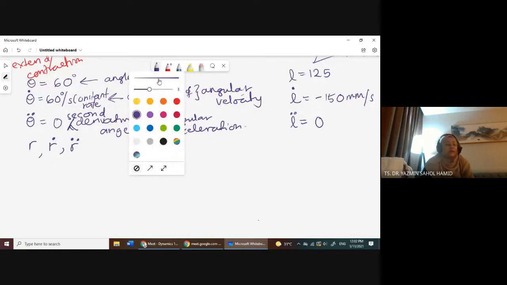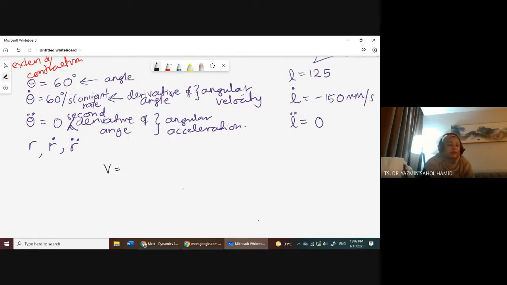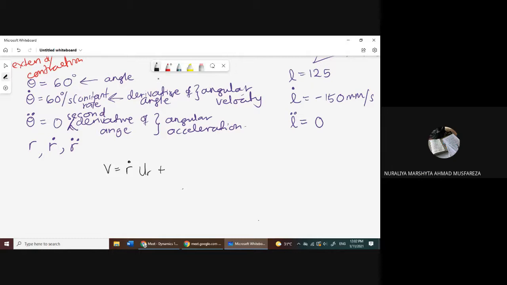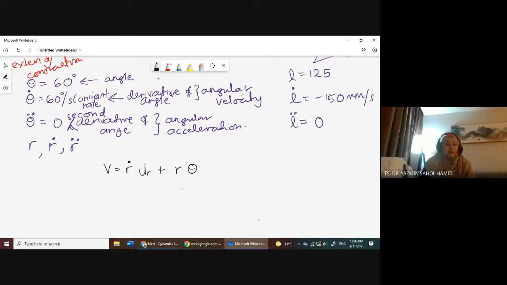Always write down the formula. What is the formula for velocity? The formula for velocity is R dot U_R plus R theta dot U_theta.